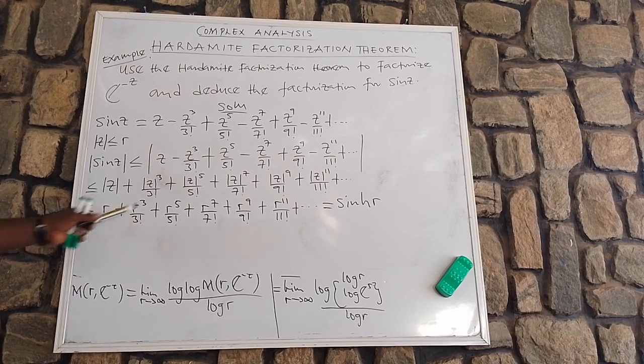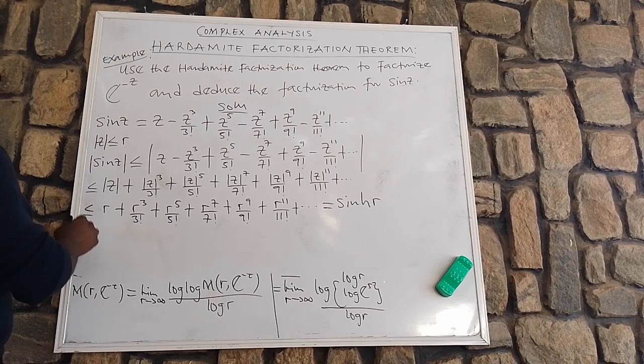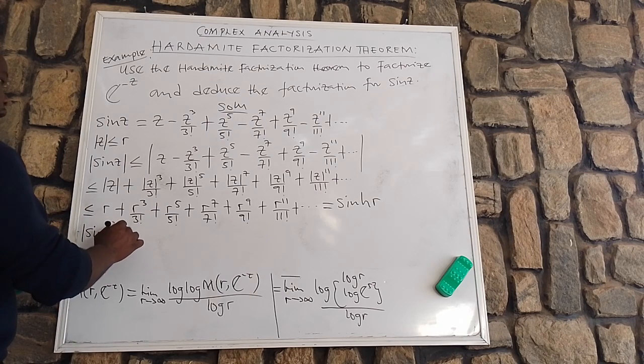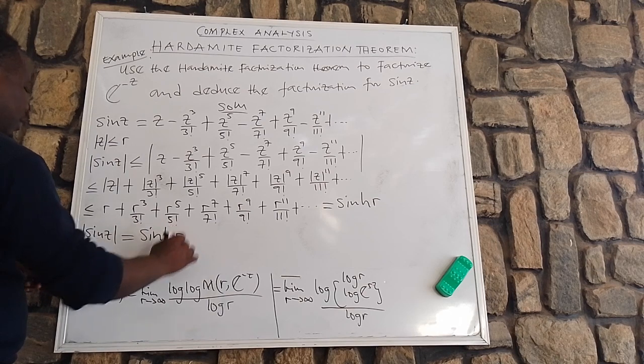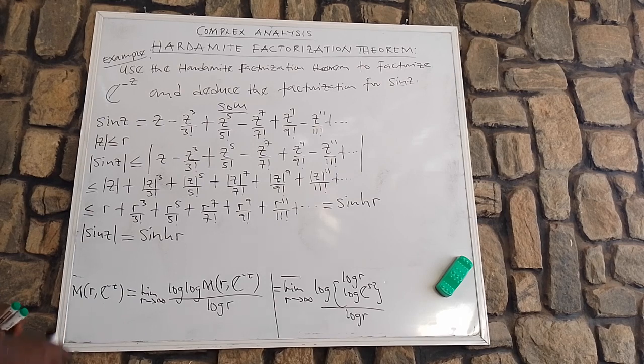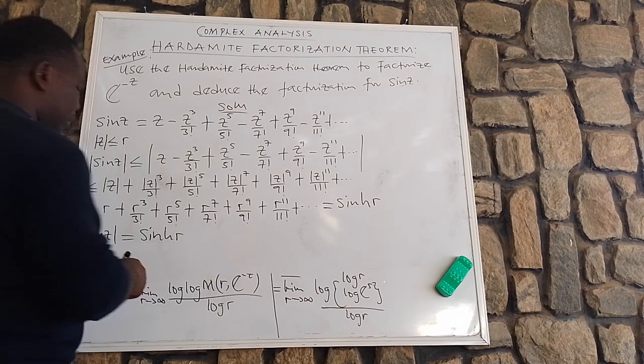So if you agree with me, it implies that our mod sin Z is less than or equal to sinh R. Then go back to your hyperbolic functions where sinh R, sinh x.